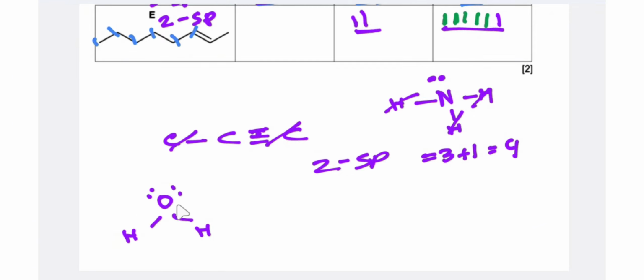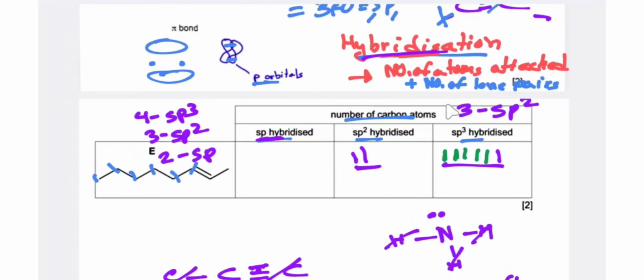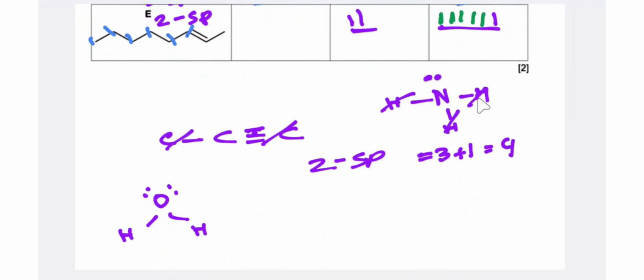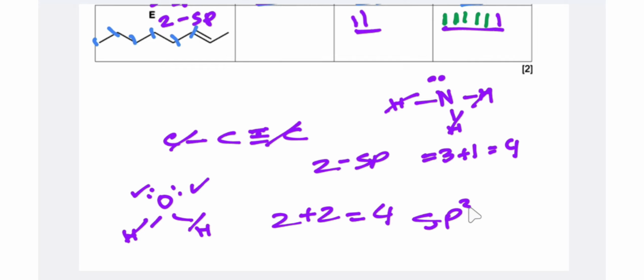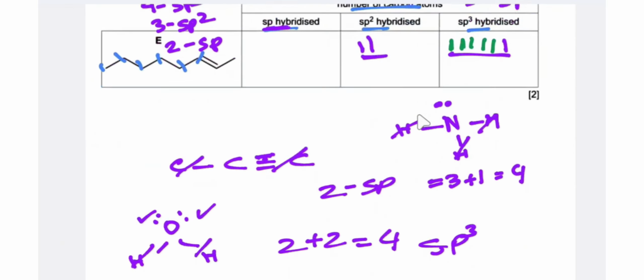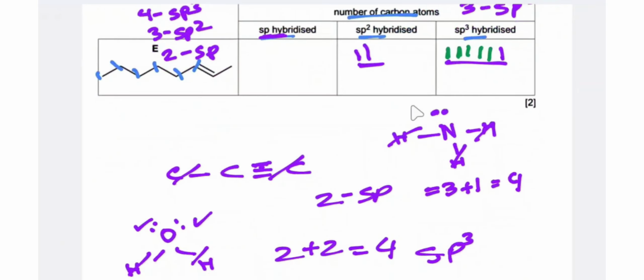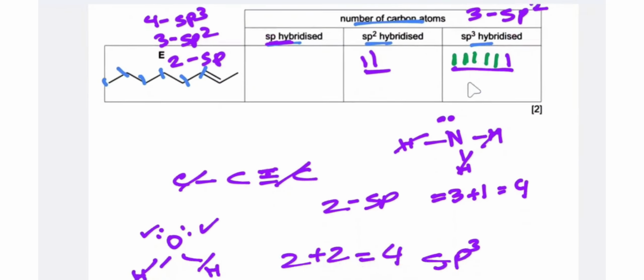Then for water, hybridization is calculated by the number of atoms attached plus the number of lone pairs. Oxygen is attached to 2 atoms, and the number of lone pairs is 2. So the total is 4, that is sp3 hybridized. So the hybridization for this oxygen is sp3 hybridized.